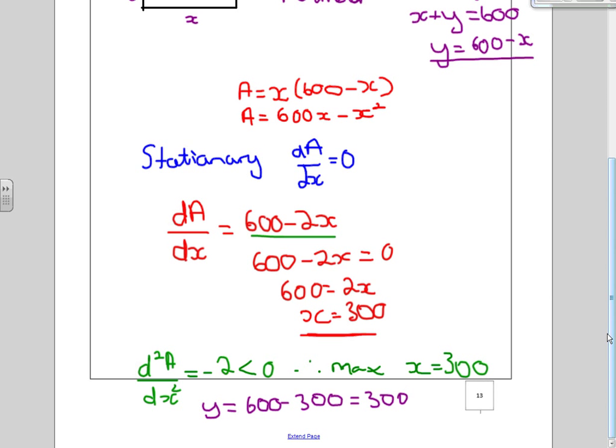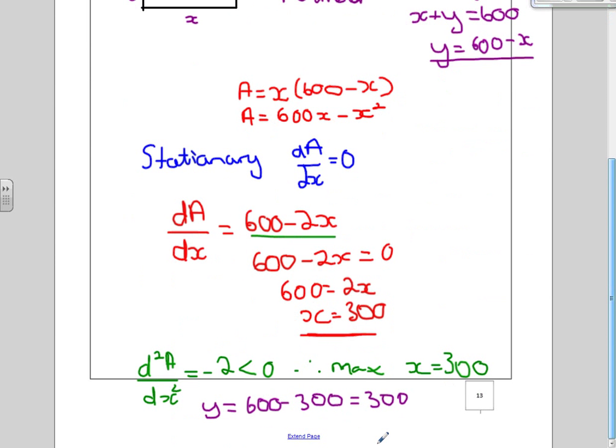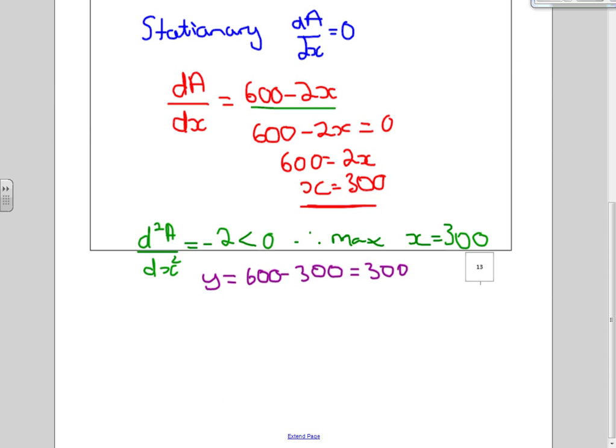So if we have 1,200 meters of fence, the largest area is found by having a square field, or a pen in this case, with length 300 and 300.